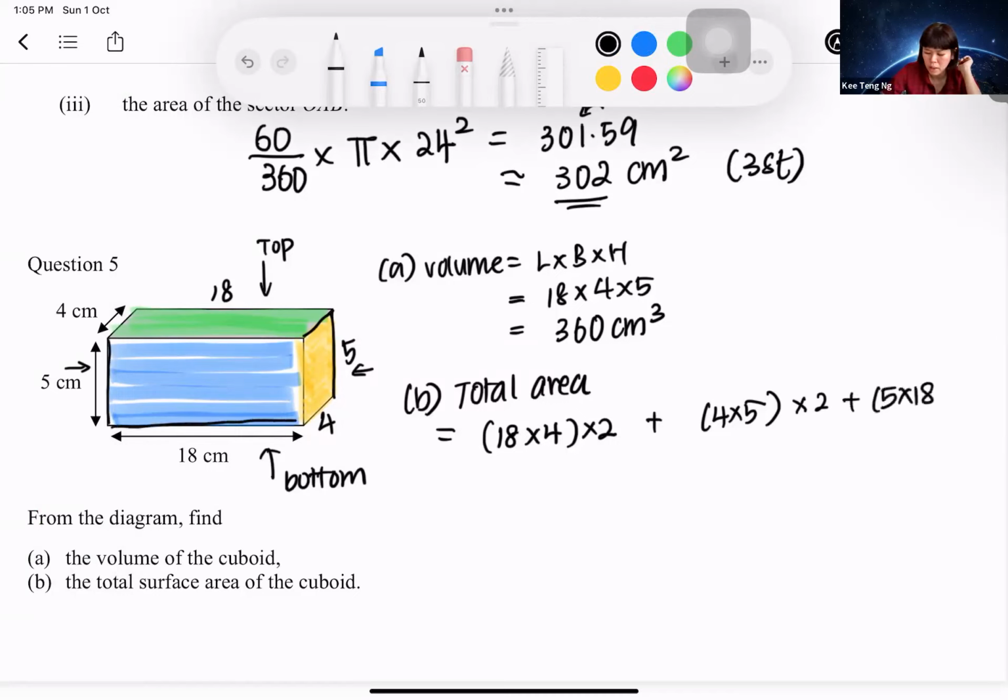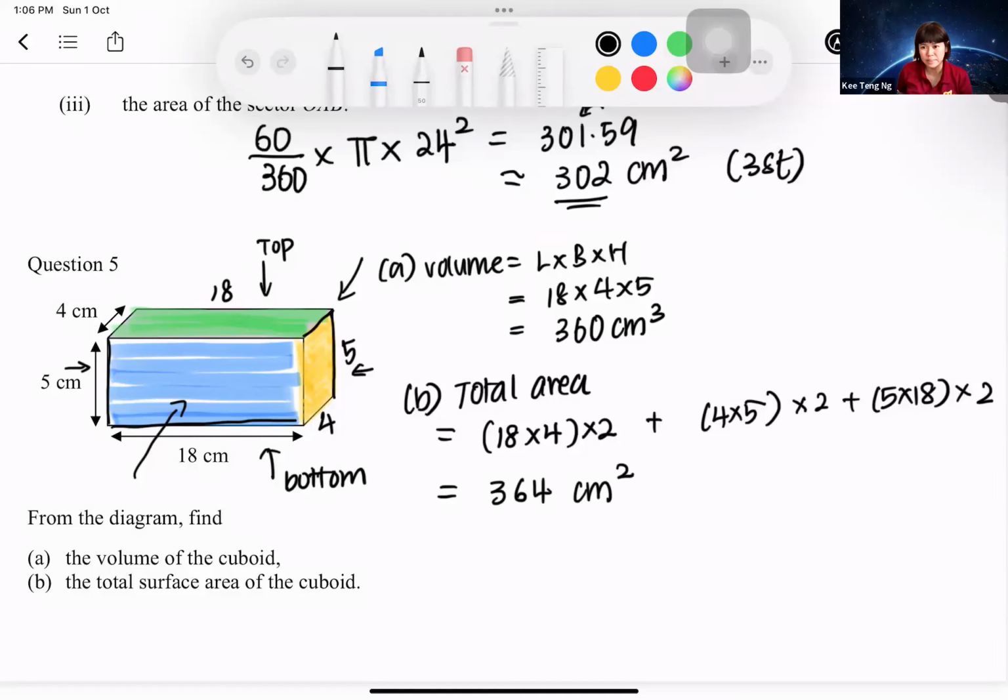Then we can add all this up together: 18 times 4 times 2, plus 4 times 5 times 2, plus 5 times 18 times, oh, why is it 6? This one should be times 2. Okay, and then we get the answer 364 cm squared. That will be the total surface area of the cuboid.